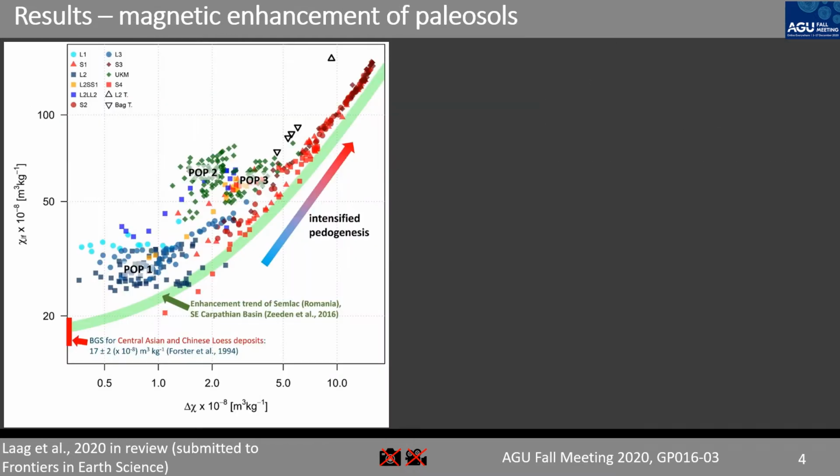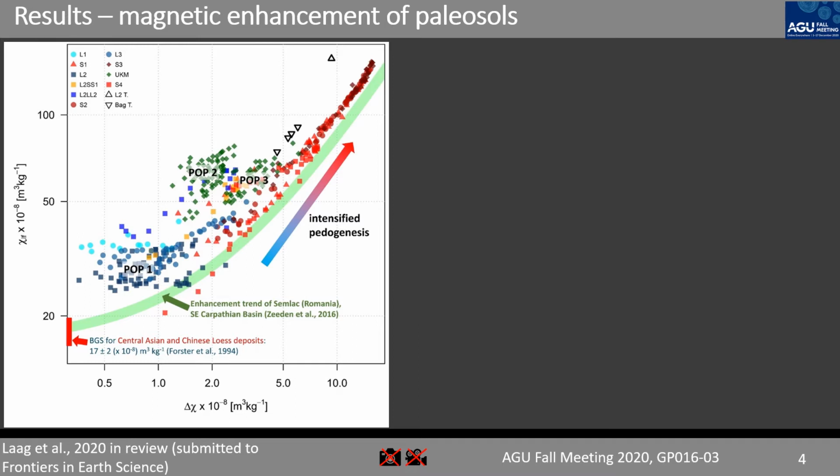Here you can see that the Zeeden loess-paleosol sequence follows the general pattern of so-called magnetic enhancement, which means that with an increase of the low frequency susceptibility, you have a simultaneous increase of its absolute frequency dependence.